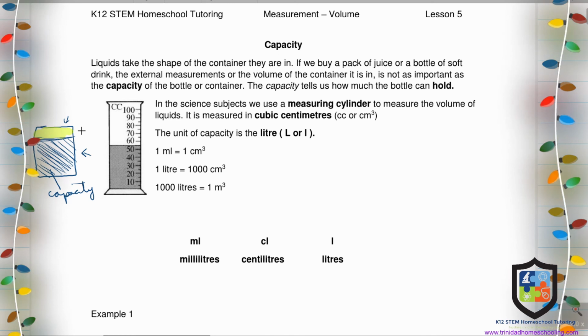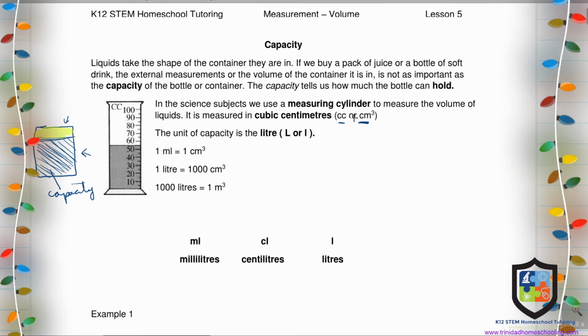So in the science subjects, we use a measuring cylinder to measure the volume of liquids, and the units are called cubic centimeters. It could be written as cc or centimeters cubed. It's the same thing like what we did for volume. So volume is more used for solids and capacity is more used for containers that hold liquids.